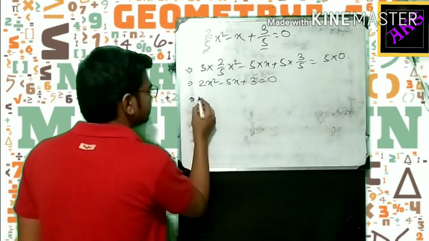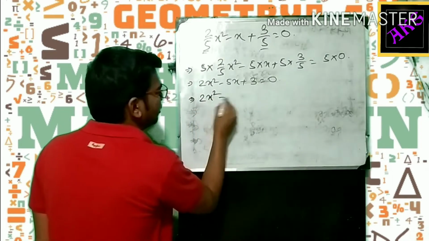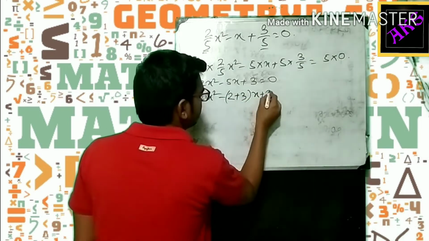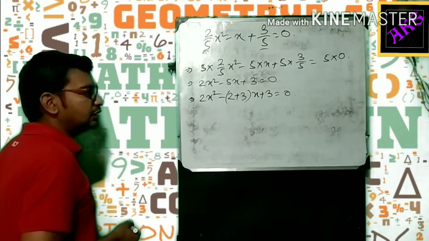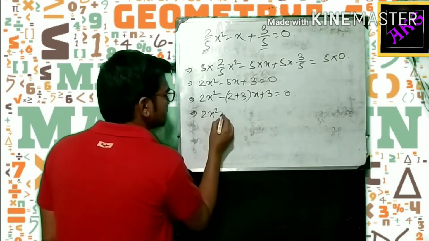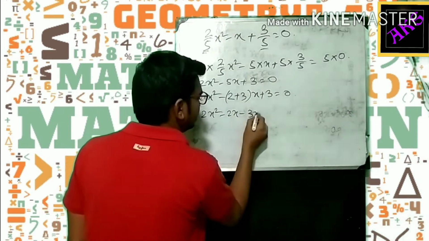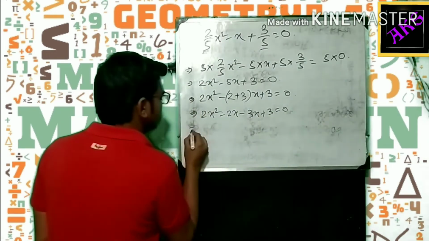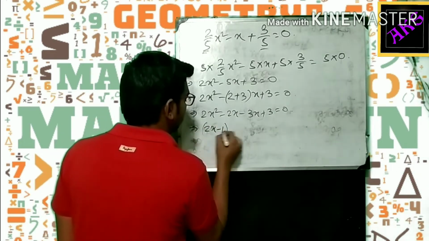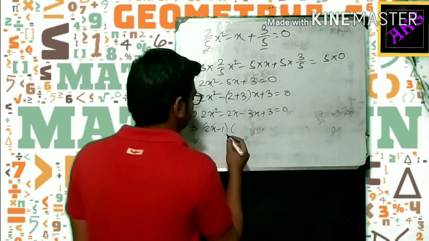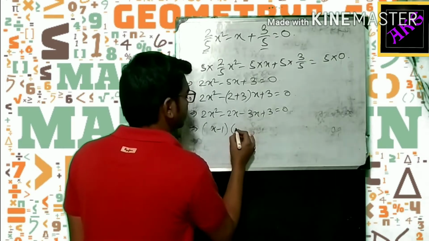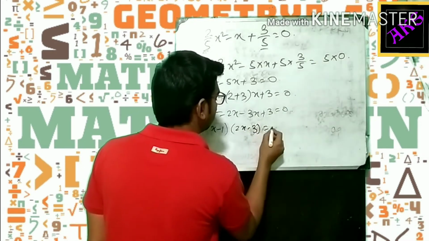Now here we can write 2x square minus 2x minus 3x plus 3 equal to 0, by middle term. We get (2x minus 3) into (x minus 1) equal to 0.